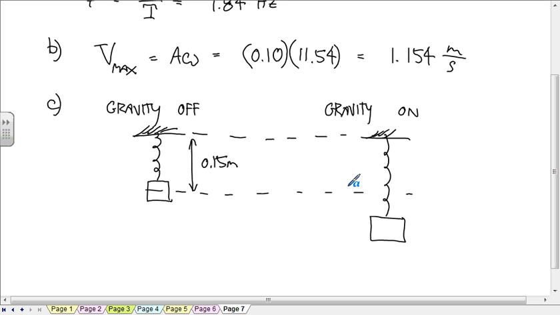So this distance is 0.15 meters. And the distance from there to here is mg over k. So that's 0.75 times 9.81 over 100. And that is 0.074.